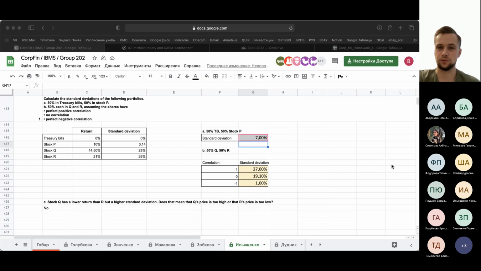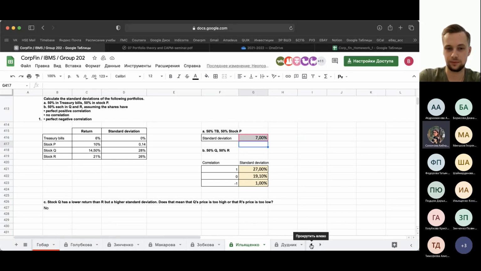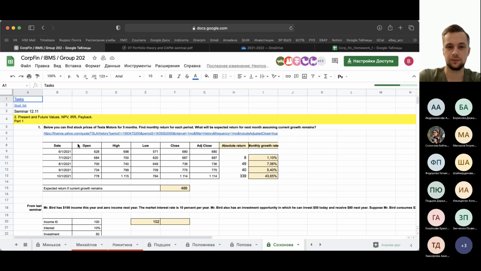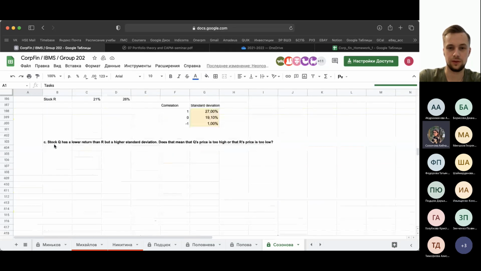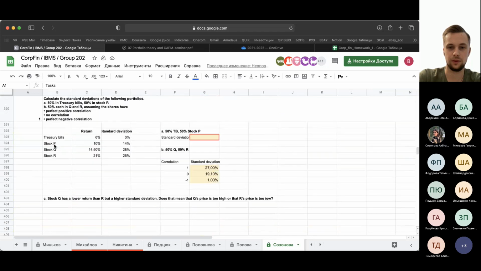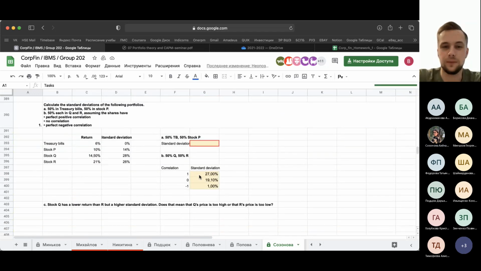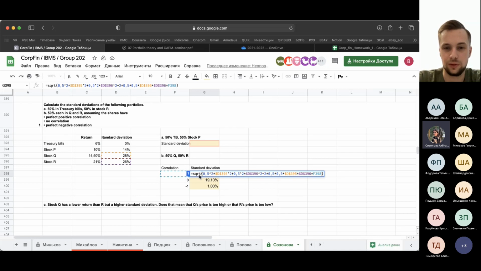Well, Aliona also raised a hand. Let's look. Okay. So basically I follow the same logic. We use the formula for the variance, but with the square root, so it's the standard deviation.